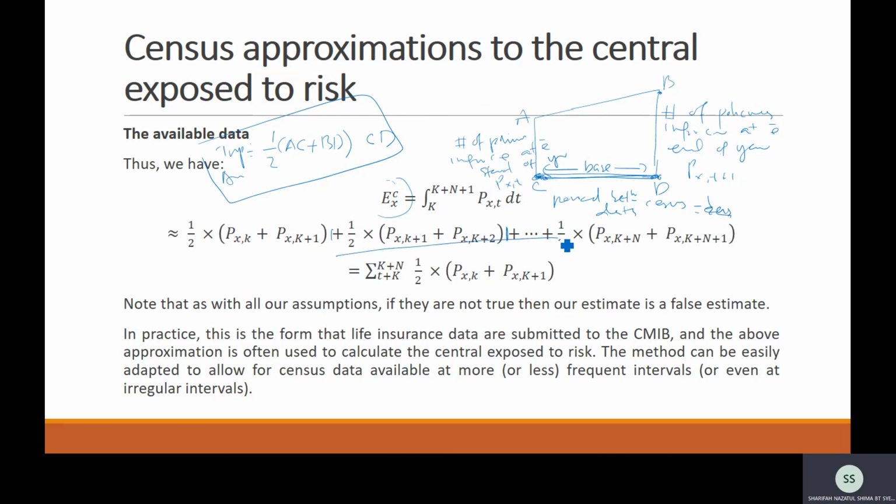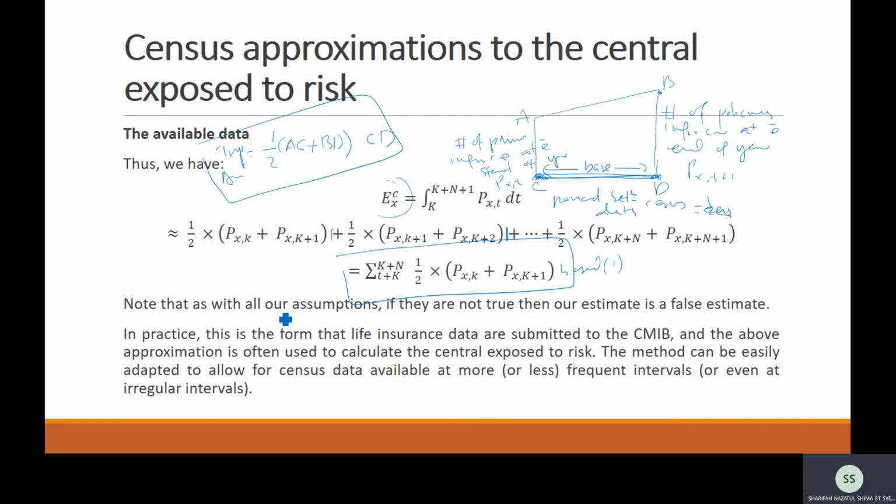We can summarize that the central exposed to risk is approximately the summation over T from K to K plus N of half times (PXT plus PXT plus 1) times the base, 1 year.